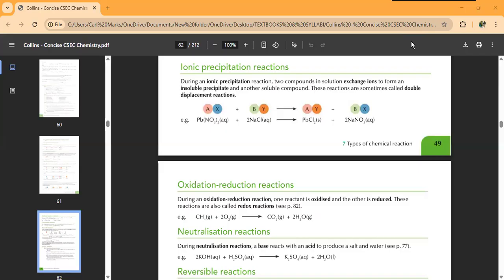All right. Ionic precipitation reactions. Now you might be wondering, what is a precipitate? Anyone here knows what's a precipitate? Have you heard of the word precipitate before, Elisa? Yes, I have. So what exactly is it?